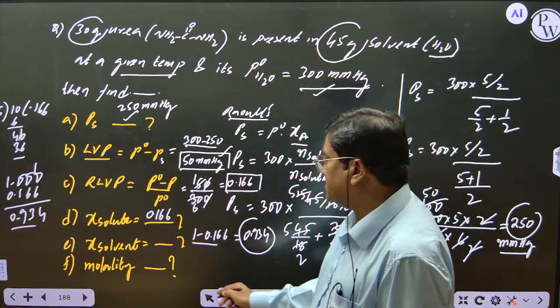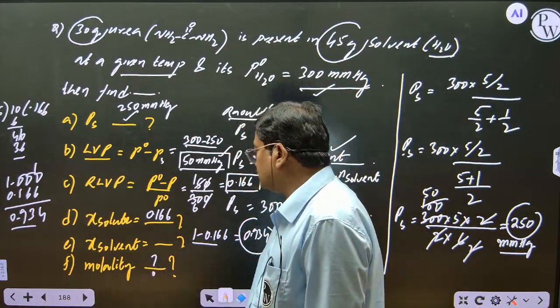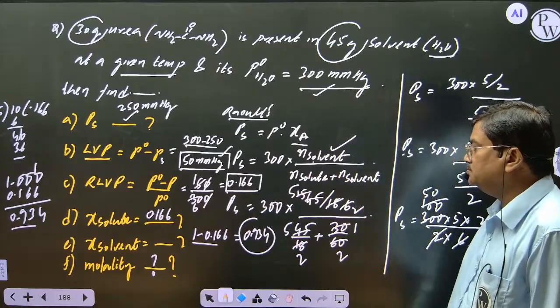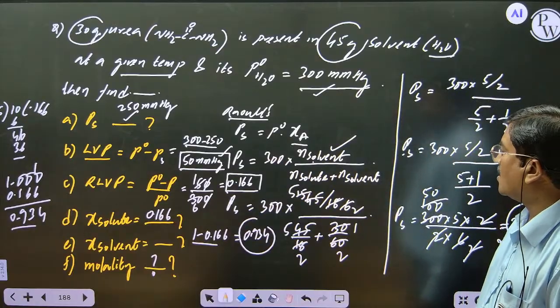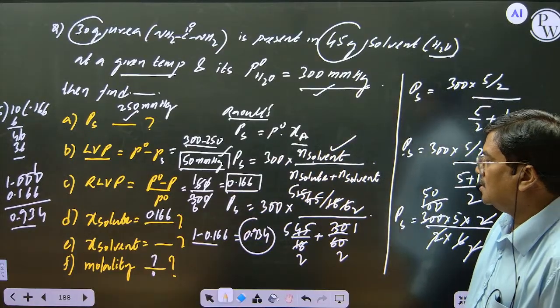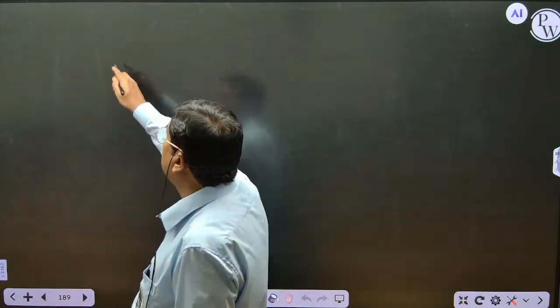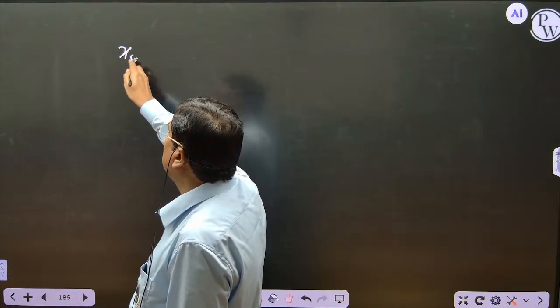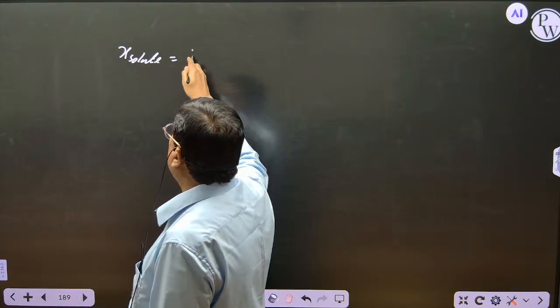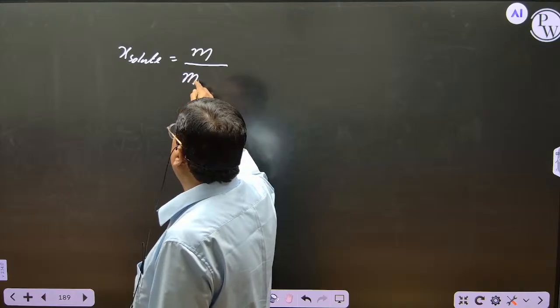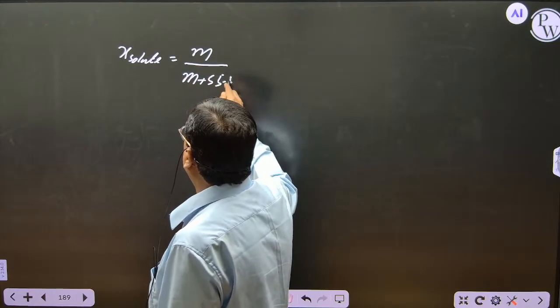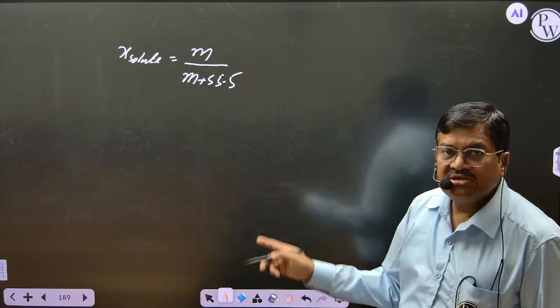Now the last part we have to find is molality. To get molality, what is the relation? We wrote mole fraction of solute is equal to molality by molality plus 55.5. This we wrote in the introduction class.